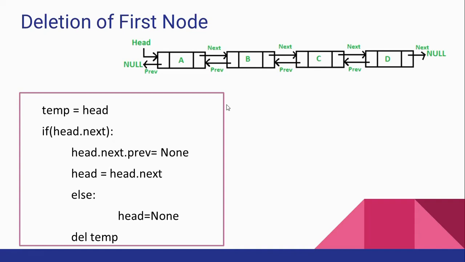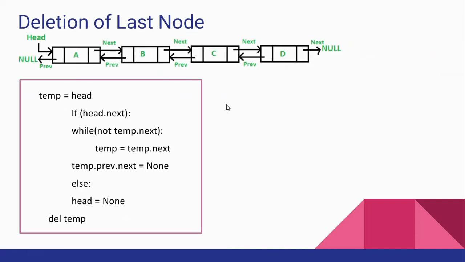Then deletion of the last node. In order to delete the node at the last, obviously we need to traverse the list and identify the last node. How can we identify the last node? We use a pointer called temp. The temp pointer's next node should not be null. If it is null, it indicates that it is the last node. So until the particular pointer points to the node whose next pointer is null, the list should be traversed.